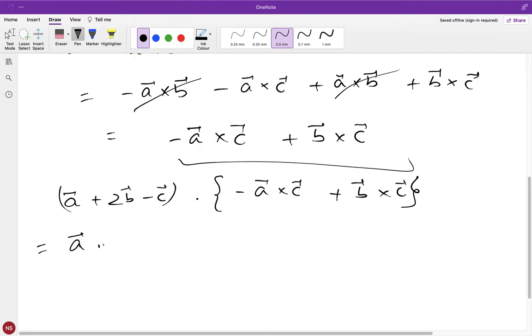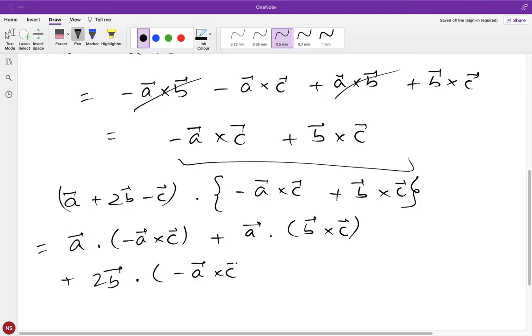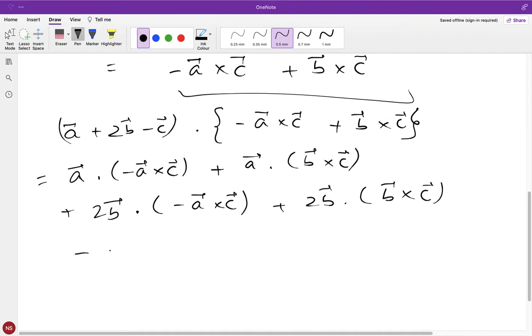So A dot minus A cross C plus A dot B cross C. Second one, 2B dot minus A cross C plus 2B dot B cross C, and minus C dot minus A cross C and minus C dot B cross C.